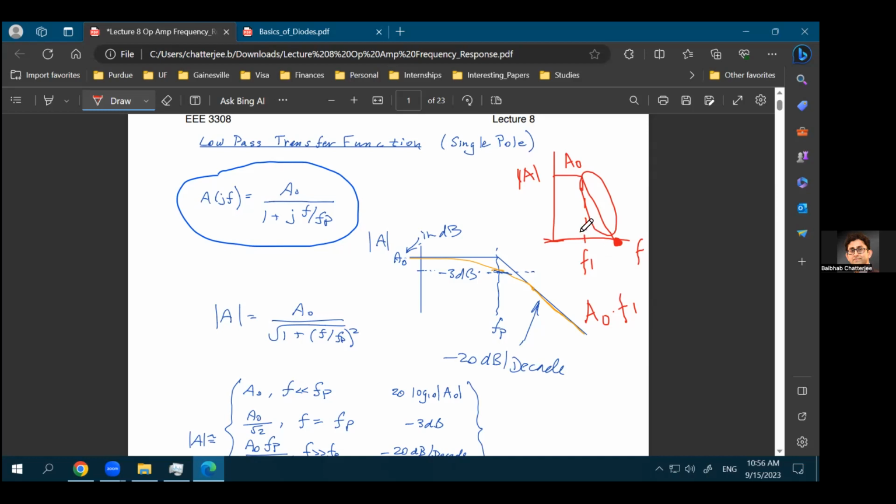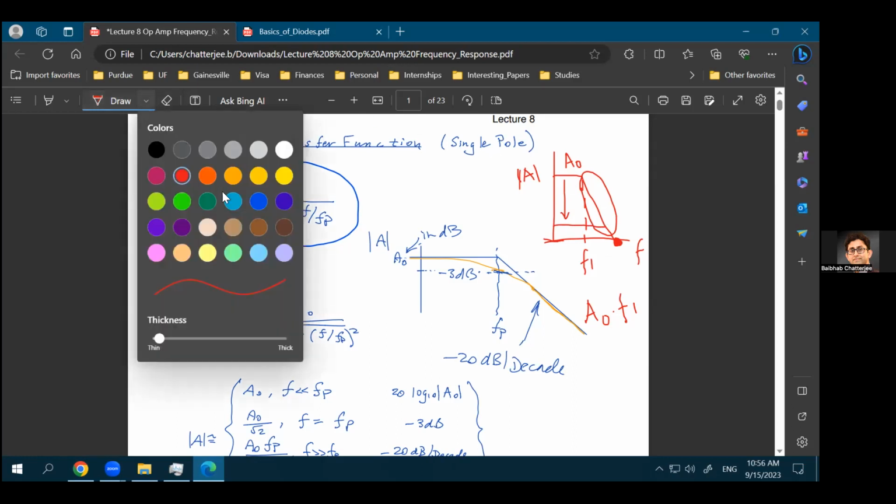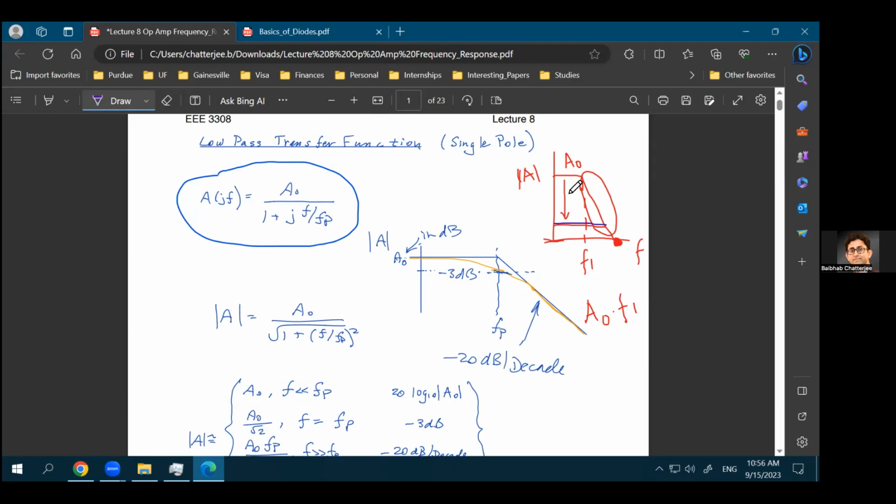Now, what is happening in the closed loop scenario? This is again just the open loop plot that I have drawn. What is happening in the closed loop scenario? You already know, and I'll probably not need to repeat that, your gain reduces by T0 amount. So if I draw it in a different color, your gain reduction is by an amount T0.